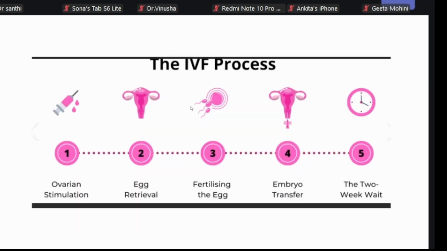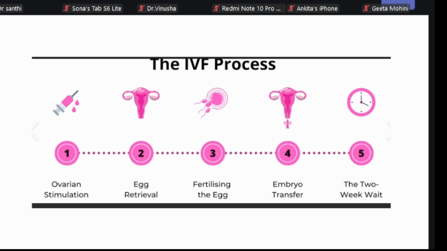You must all be aware of the basic steps of IVF. First we stimulate the ovaries with gonadotropins. Once the follicles reach an adequate size and are mature, we give a trigger injection, then time the egg retrieval and do the ovum pickup.